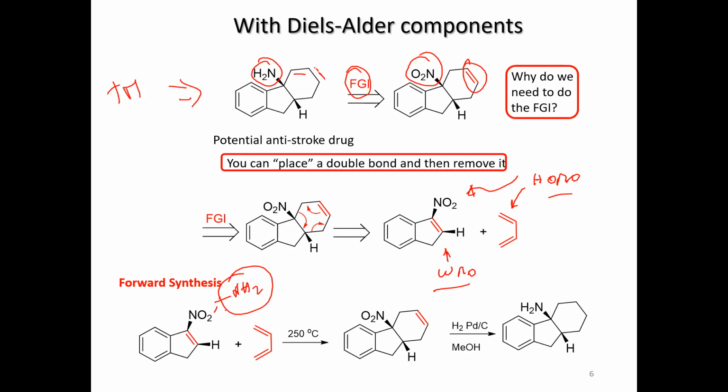So this is something that might indeed happen in your exam or in the lab. You put a double bond, you think I can do Diels-Alder, but then you end up with an electron-donating group on the dienophile. It doesn't work as well. So you want to turn the electron-donating group of the dienophile into an electron-withdrawing group.